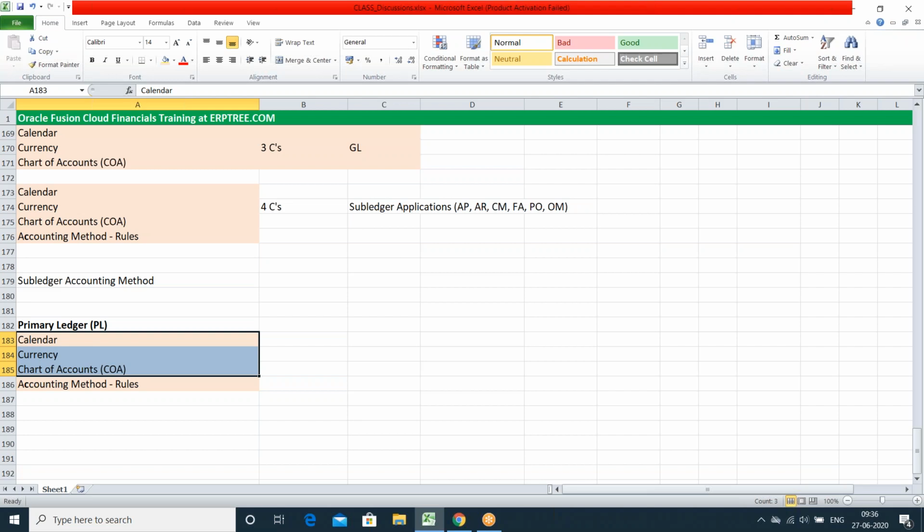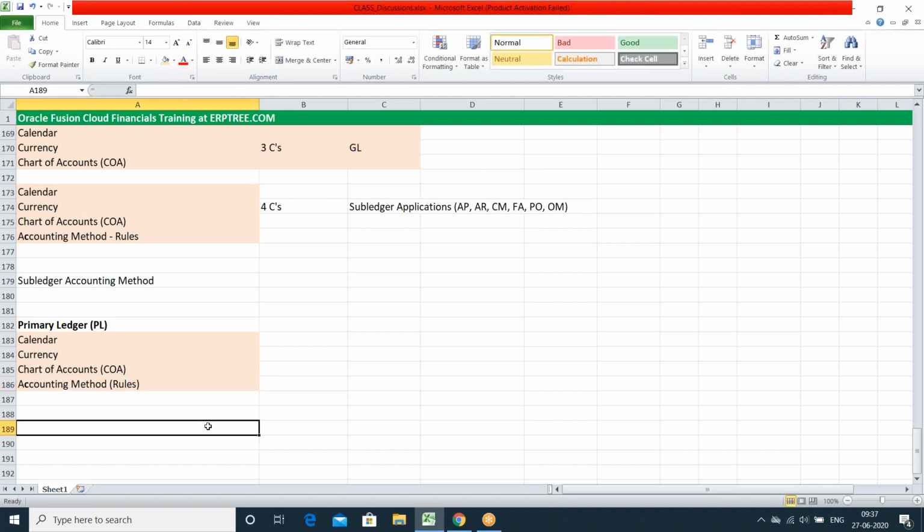Any questions here, please? I have one question. About the accounting method rules: inside the accounting method you can have rules.